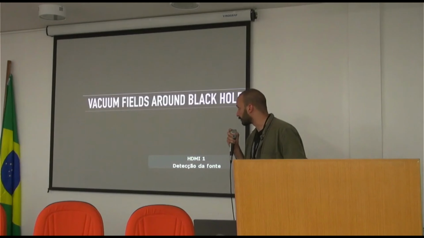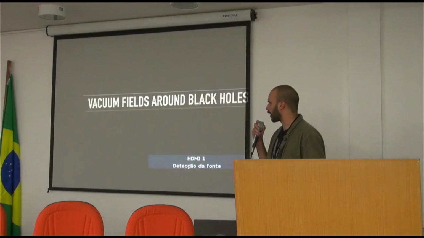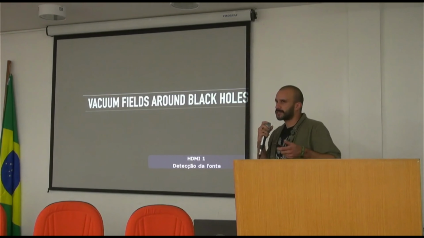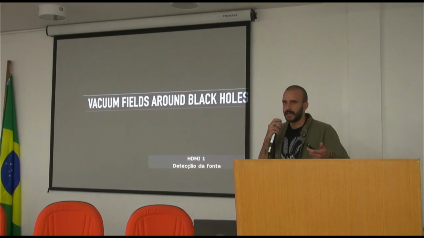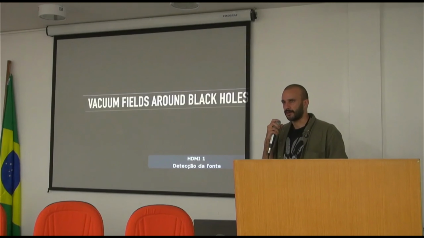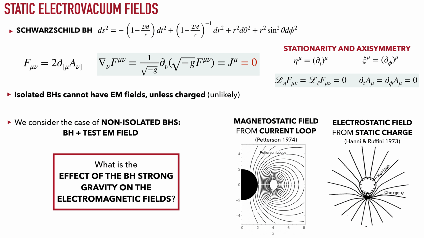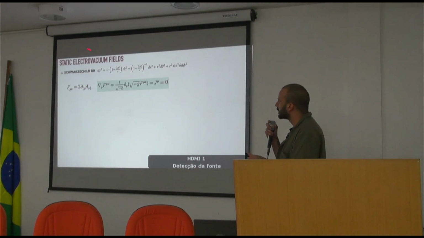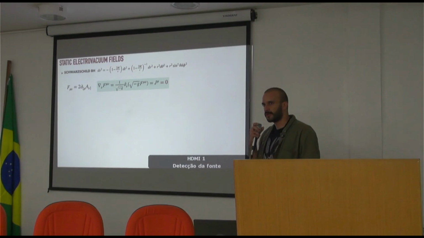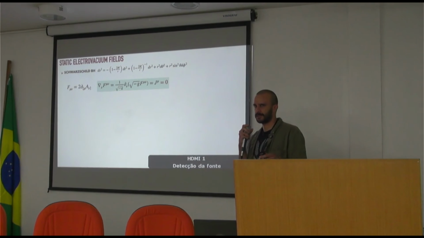Maxwell's equations in curved background, in black hole backgrounds actually, and we will start with the simplest case. Of course, the simplest scenario is the vacuum electromagnetic fields. And an even simpler case is a non-rotating black hole. So for the moment, we will start with the Schwarzschild solution.